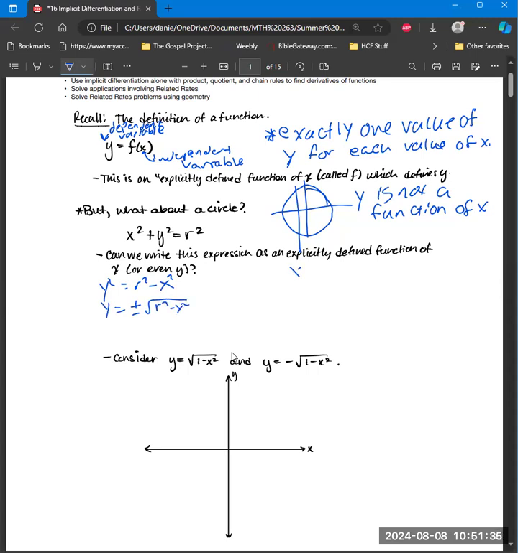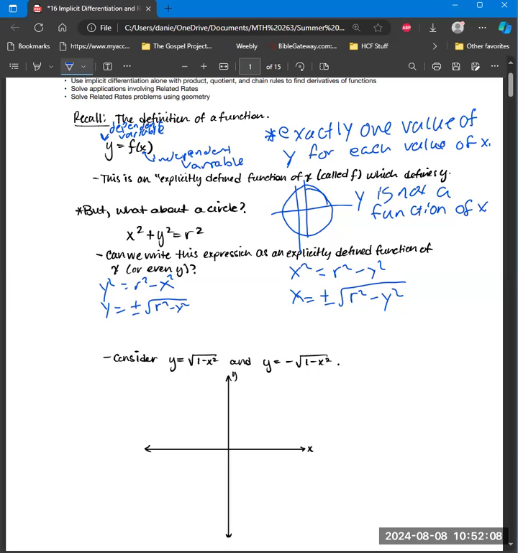If we tried it the other way, x squared is equal to r squared minus y squared, and x is going to be equal to plus or minus the square root of r squared minus y squared. So we can either get the top half and bottom half of the circle separately as y as a function of x, or we can get the right half and left half separately with x being a function of y. But we can't get both halves together as functions of either x or y.